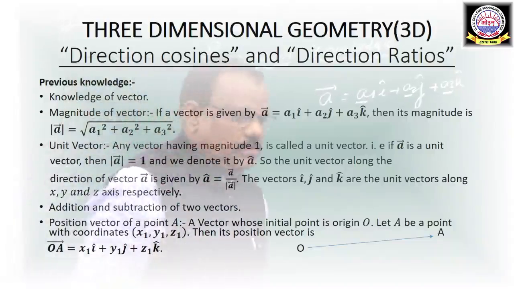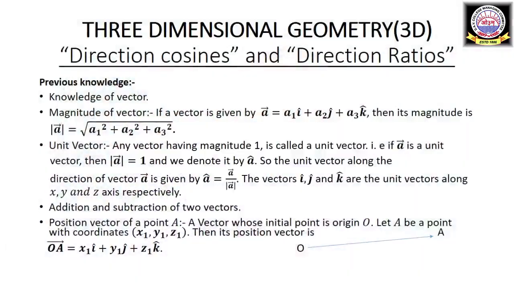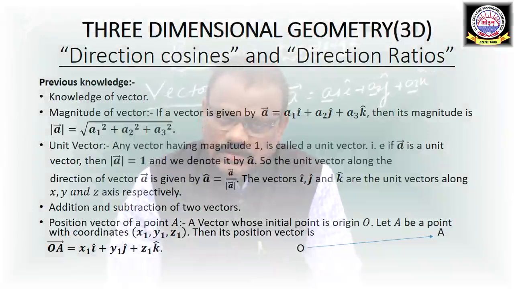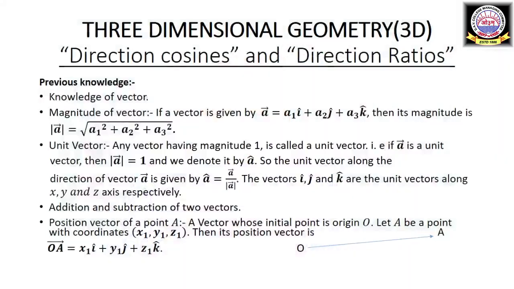You see the screen, what is written there? The magnitude of a vector. The magnitude of vector a, that is mod a, is the square root of a1 square plus a2 square plus a3 square. That you know, the magnitude of the vector. As you know, a vector is a quantity having magnitude and a direction.